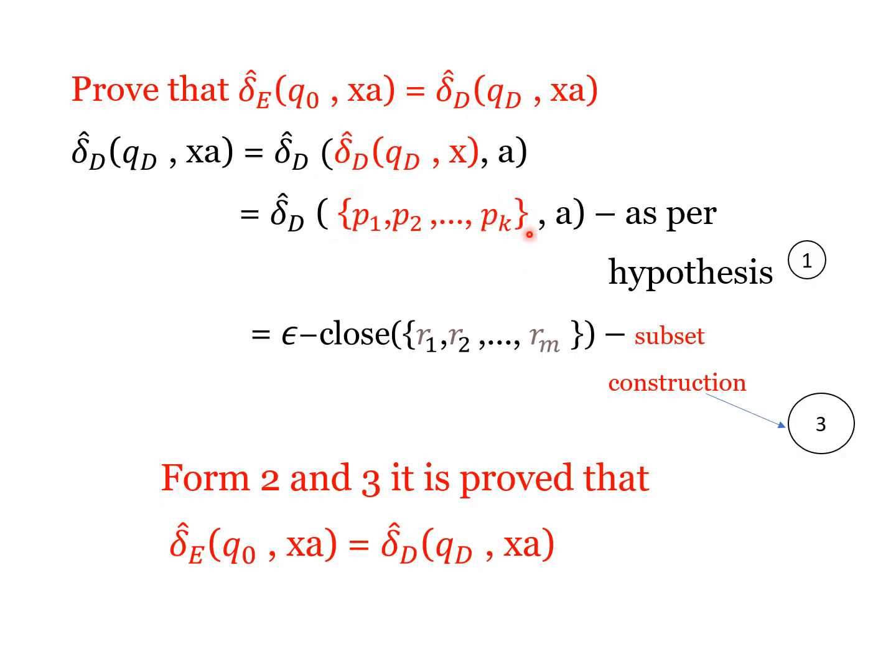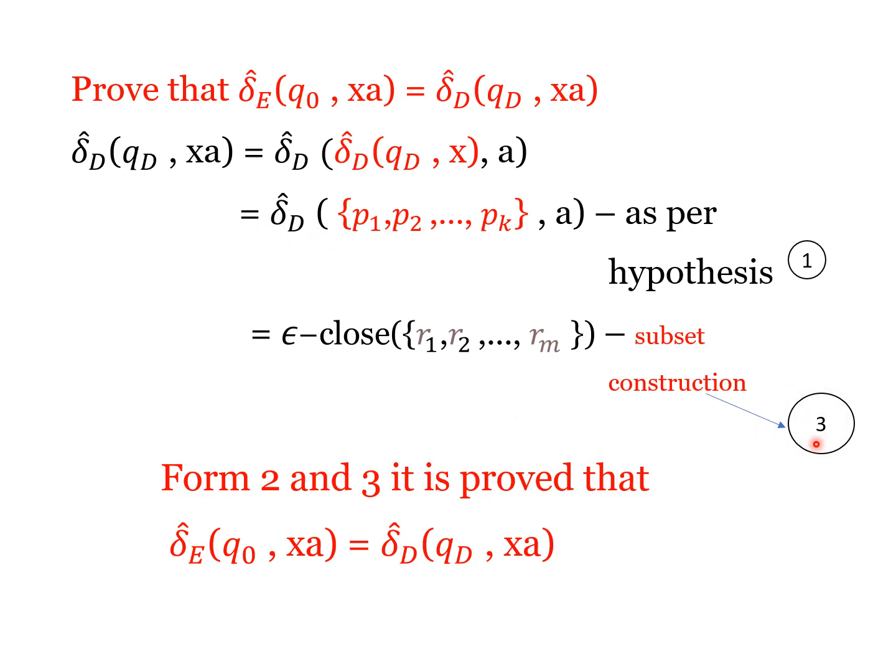And how we obtain the resultant set is, we want to find what is P1, A, what is P2, A, and where the state goes. If we take the epsilon closure of that state in the epsilon NFA, that is, taking the epsilon closure of the transitions of P1, A, P2, A, etc. up to Pk, A in the epsilon NFA gives you the state for del cap of D.